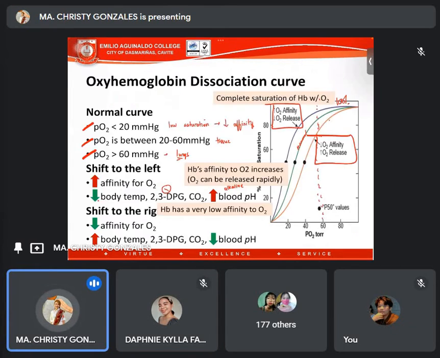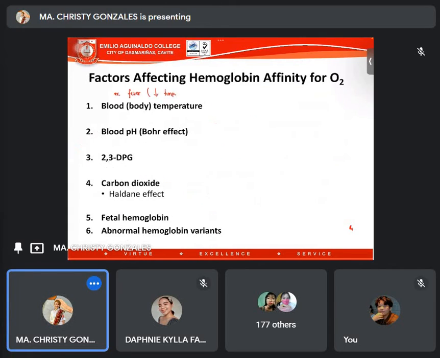Diba? Decrease body temperature, shift to the left. Okay. So, you have increase affinity. Then decrease oxygen release. Okay? So, this is shift to the left.